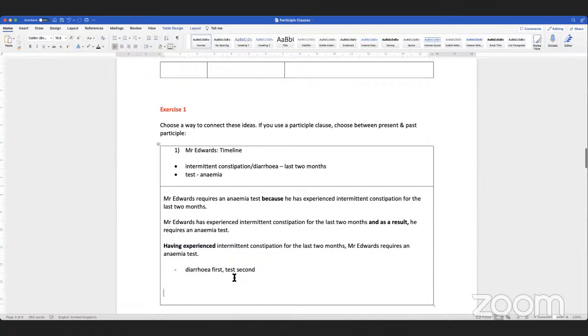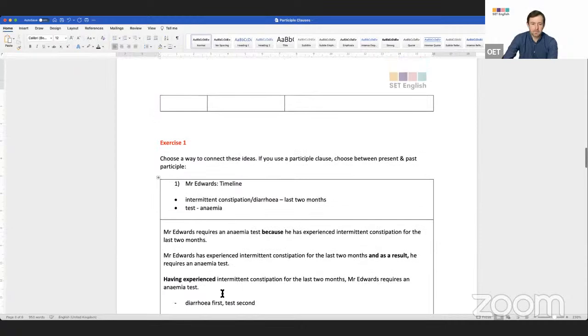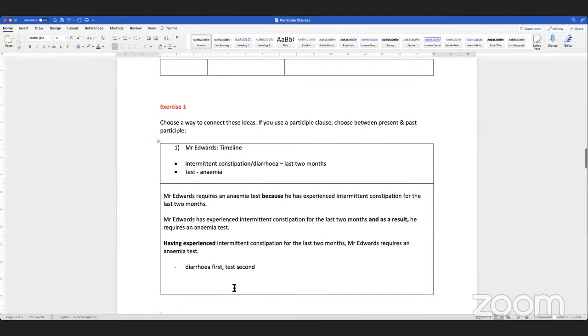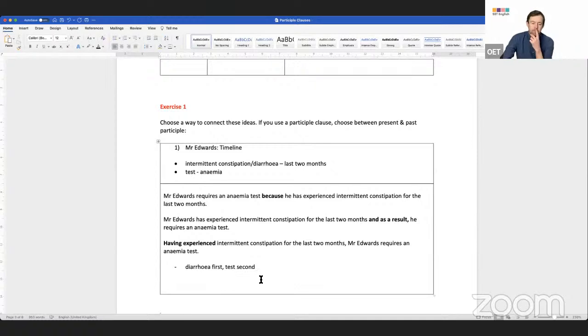Can I ask a question? You always say it only matters the clarity in your letter, in OET especially.